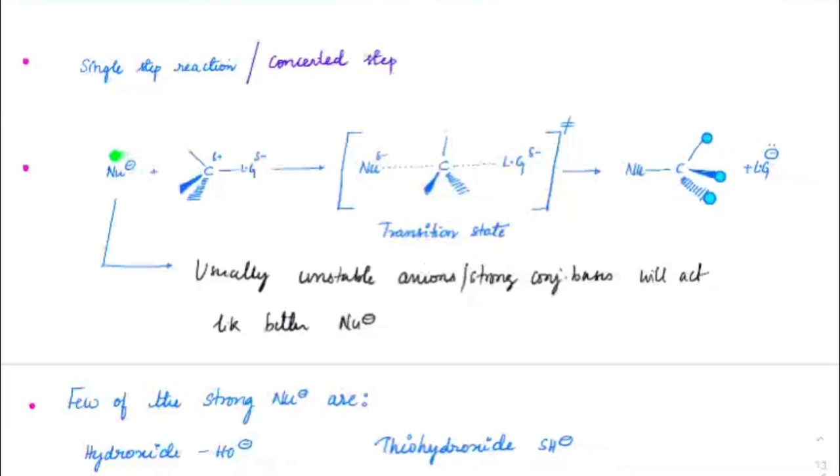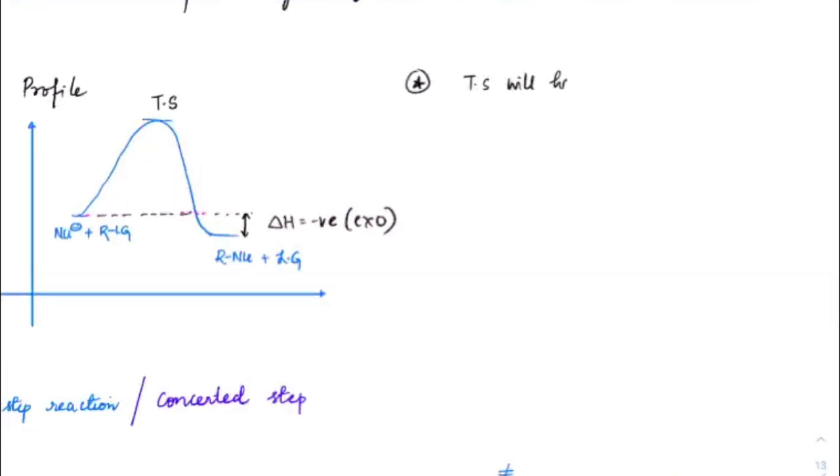Now, if you check out the transition state, one thing we can observe is that the transition state will look more like the substrate, or it will have all the structural features of the substrate rather than those of the products.